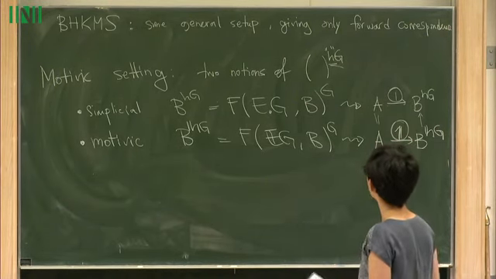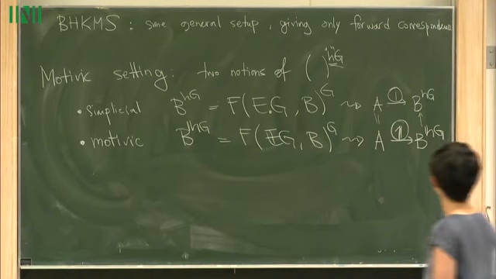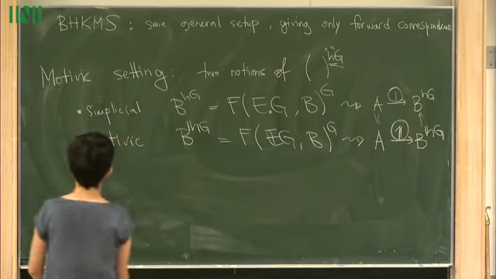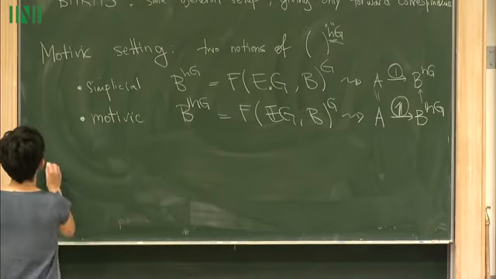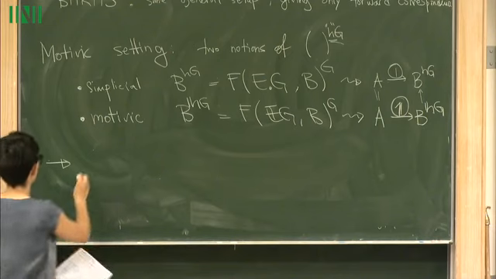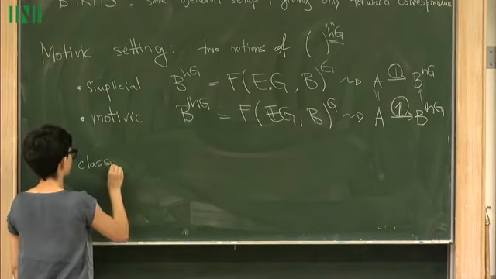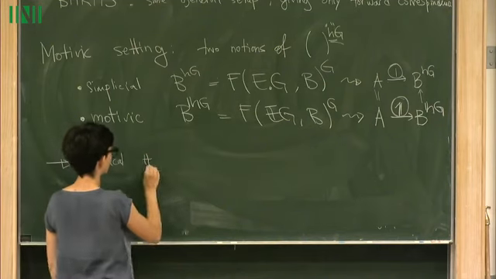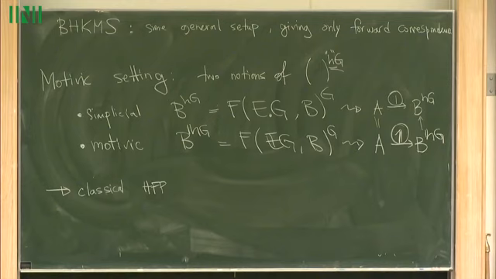extensions. I'm going to elaborate a little bit on the differences between these two notions of homotopy fixed points and compare that to classical homotopy fixed points. So classically, how do we get classical homotopy fixed points?